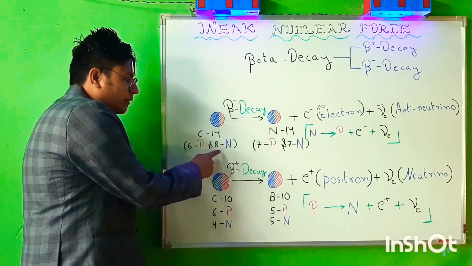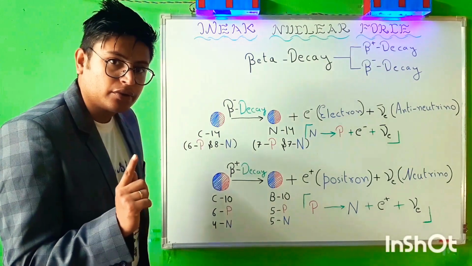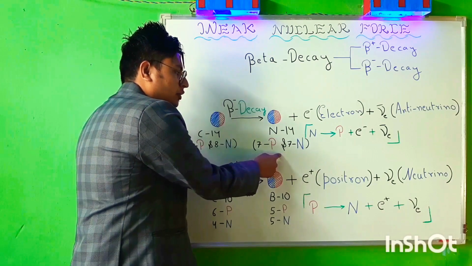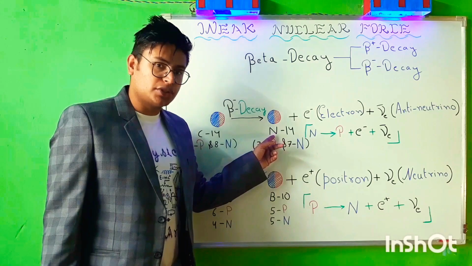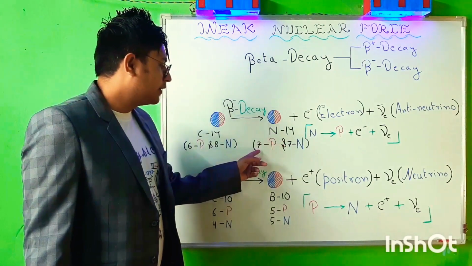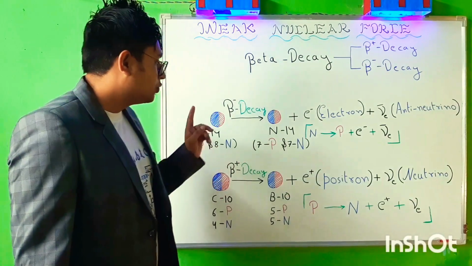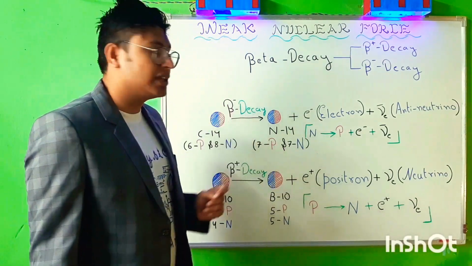I am losing one neutron. One neutron is less when it goes to N14. N14 is nitrogen, having 7 protons and 7 neutrons. There is one shortage of neutron after the beta minus decay.